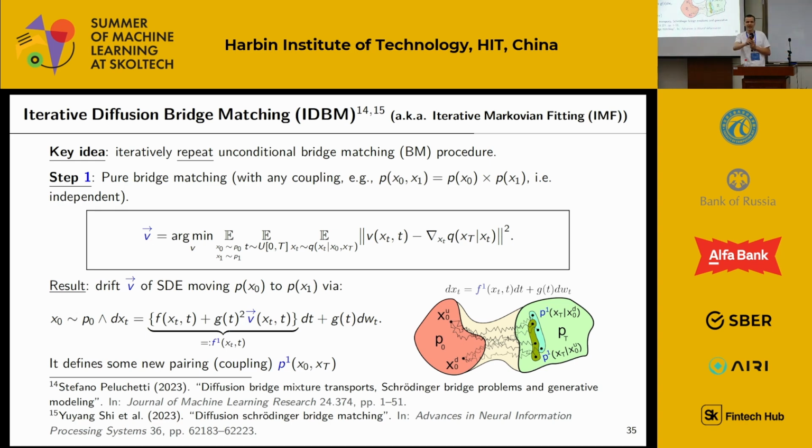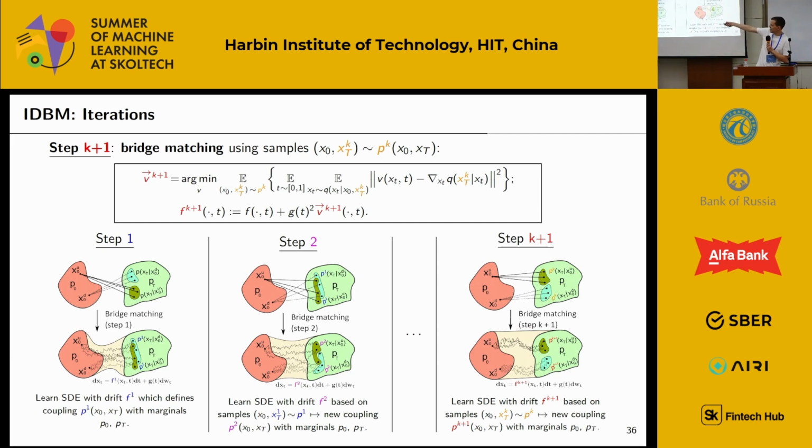But unlike flow matching, this coupling will not be deterministic, because in flow matching, for one point we get just one point in the target domain. Here, for one point, we can get many points, so it's stochastic. But anyway, we can sample from this coupling by simulating this stochastic differential equation, and we can use this coupling again to train a new bridge matching model.